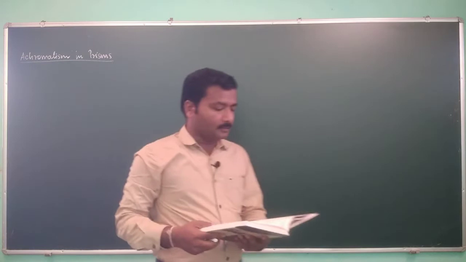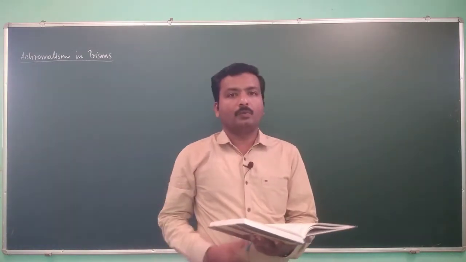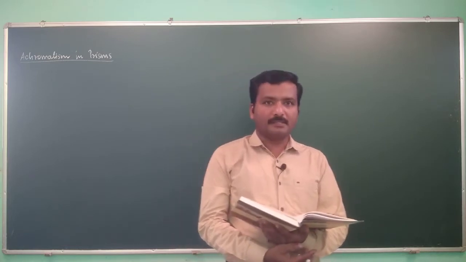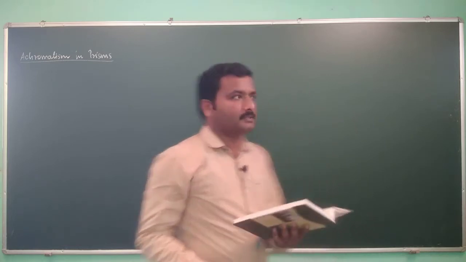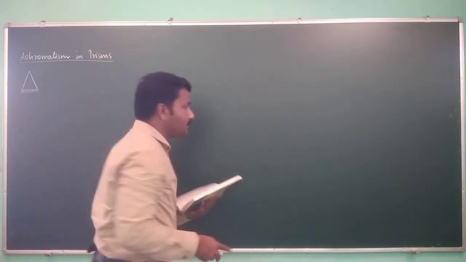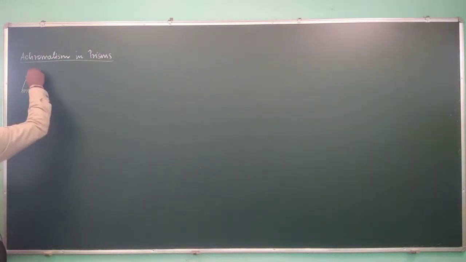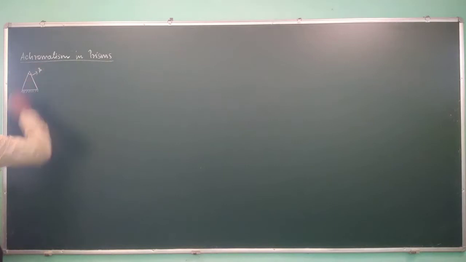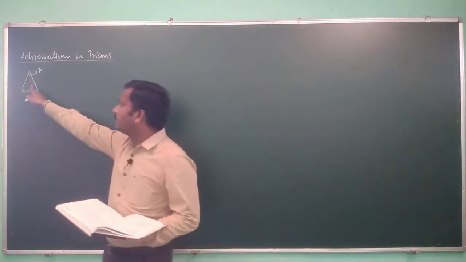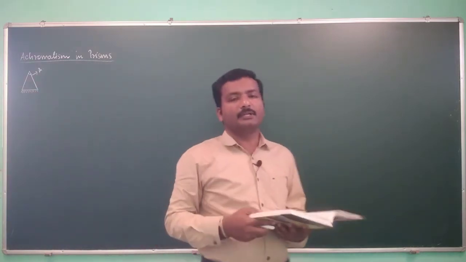Achromatism in prisms. What is meant by that? When you consider a prism, this prism looks like this. That is, it has three faces. One face is roughened while other two faces are polished. So this prism has an angle. This angle, let's say A, is called angle of prism, and this prism would be made up of a particular glass material.